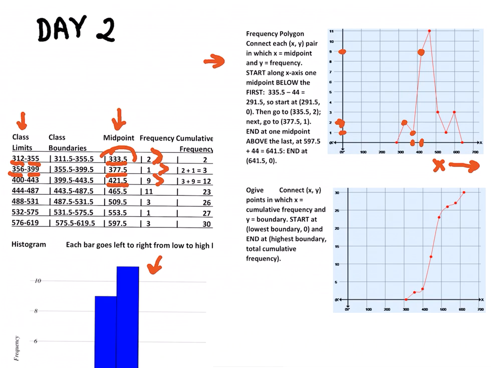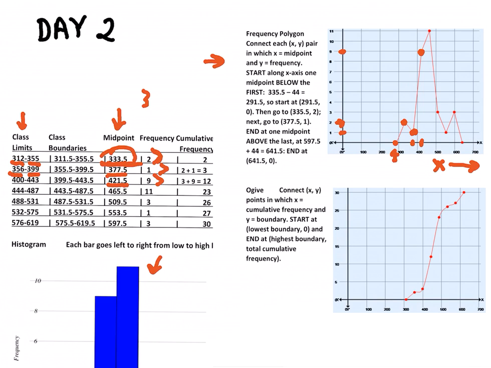Now you may notice that before we get to point 1 or point 2 or point 3, we have what we would call a 0 point. It is 0 high. There are no alternators at this midpoint. We're actually going one midpoint below our first midpoint. So our first midpoint is right here in the chart, $333.50.